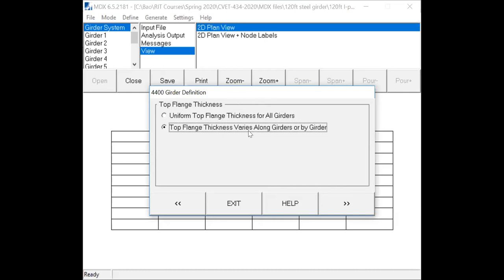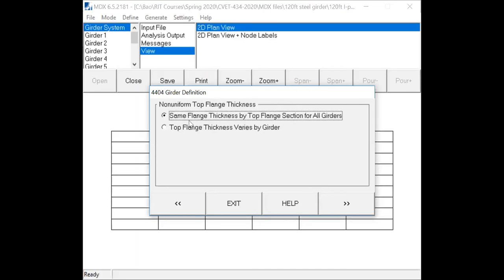For the entire girder line, we have 2 splice locations, and we will change the thickness at splice locations. We will make the middle portion thicker than the side portions, in order to make your design more economical. So choose this top flange thickness varies along the girder or by girder.